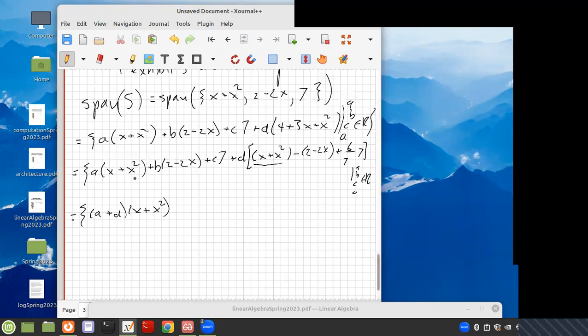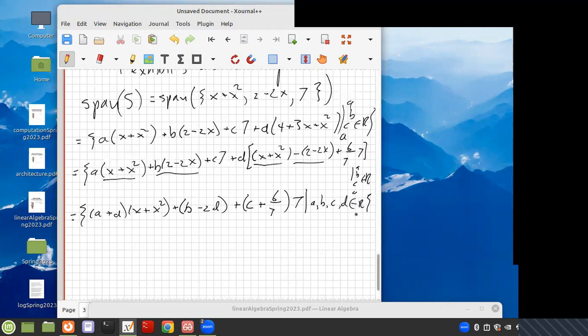See, that collects this with this, plus B minus 2D, that collects this with this, and then there's only one term left, plus C plus 6/7 times 7. Such that A, B, C, and D are any real numbers.